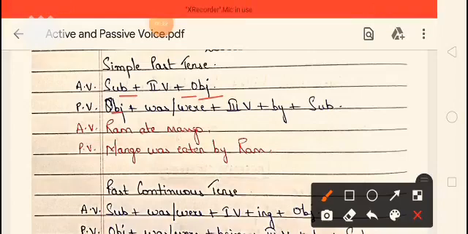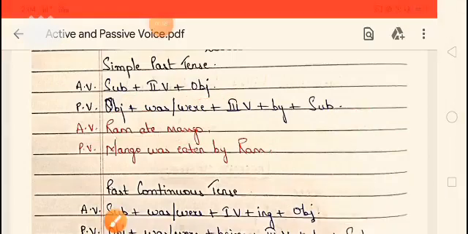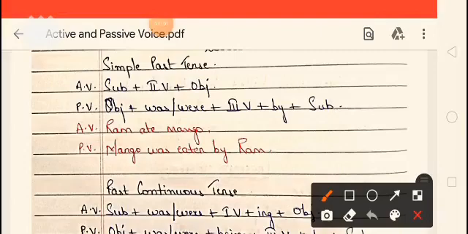Now for example, our sentence is Ram ate mango. Here Ram is your subject, ate is your second form of the verb, and mango is your object. So mango will go in place of subject, so it will become mango. Then as mango is singular, we will use was with it, because the helping verbs of simple past tense are was and were.